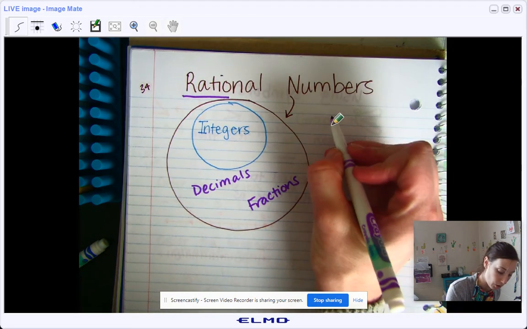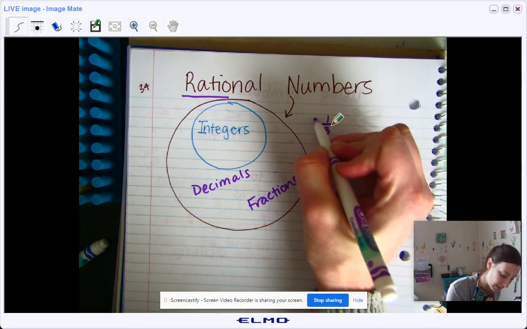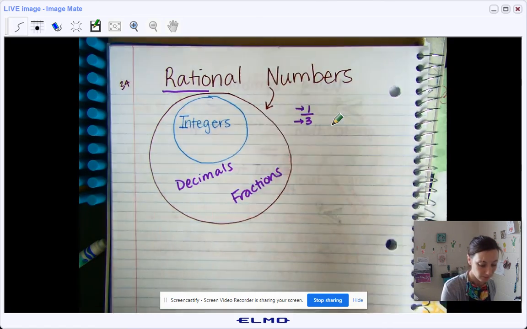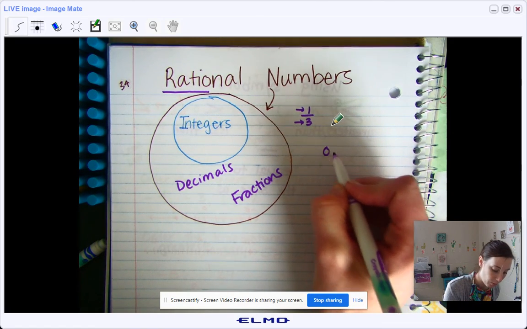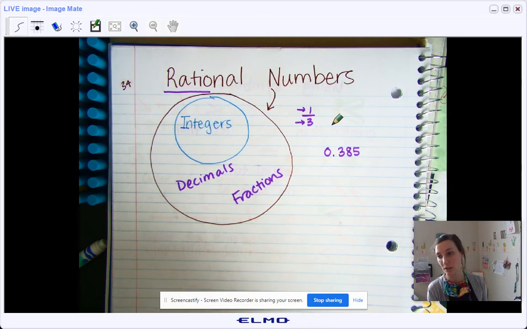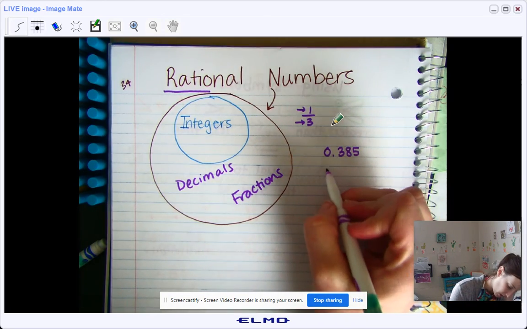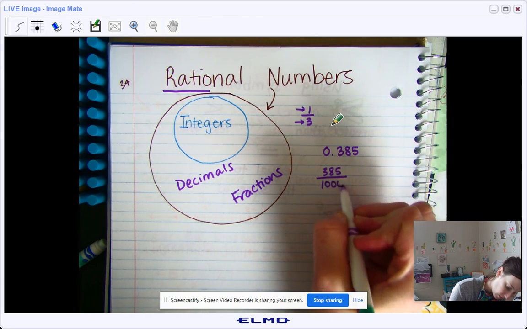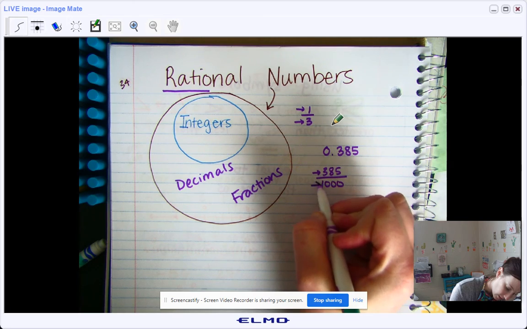So like 1/3 is a rational number because this is an integer and this is an integer. And for example, 0.385 is a rational number because I could get it by doing 385 divided by 1,000. This is an integer and this is an integer.